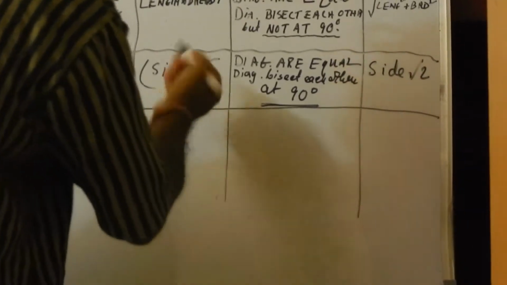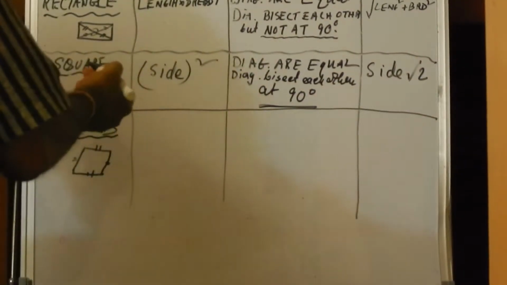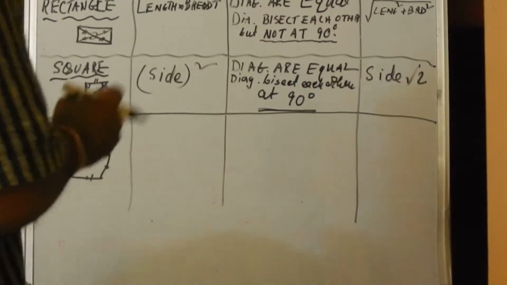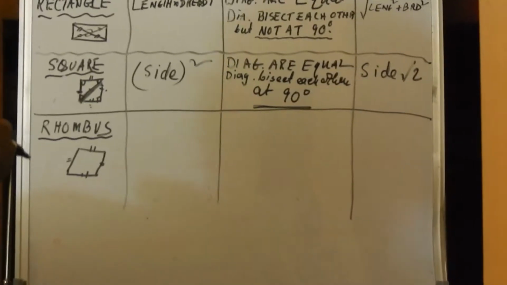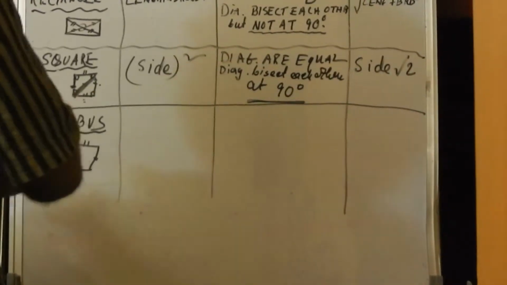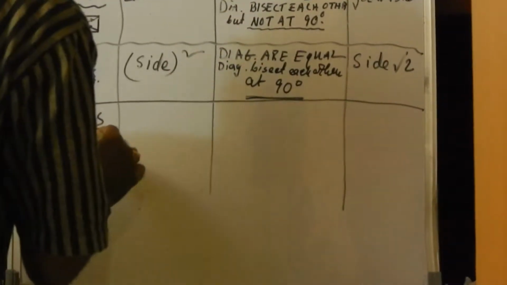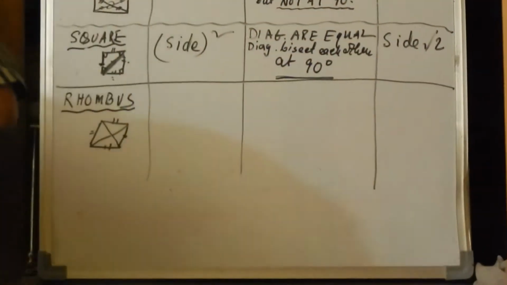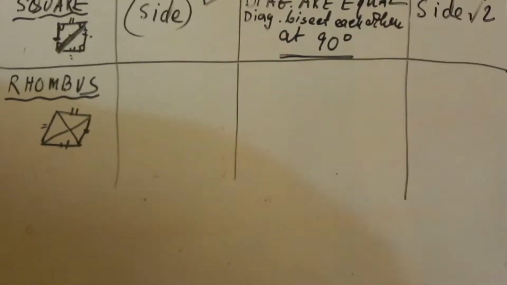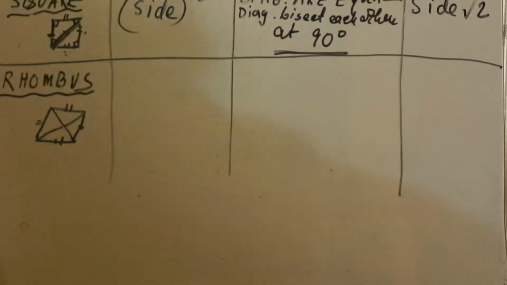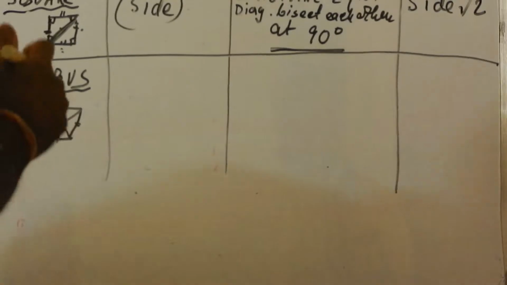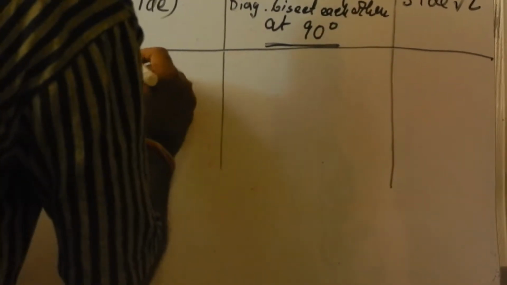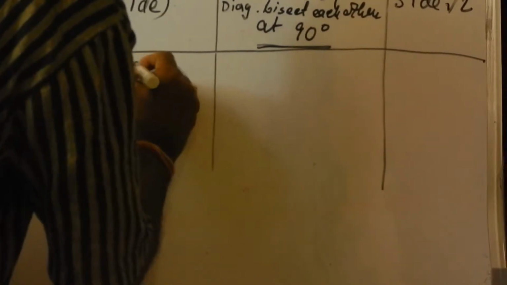And here, what is the area? For the area here, we have to use the diagonals of the rhombus. Actually the basic formula was base into height.